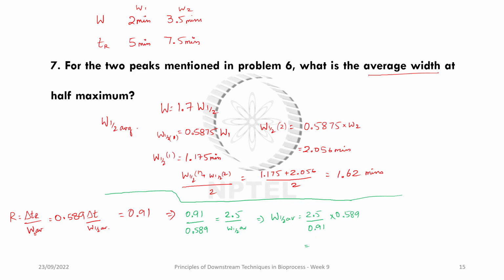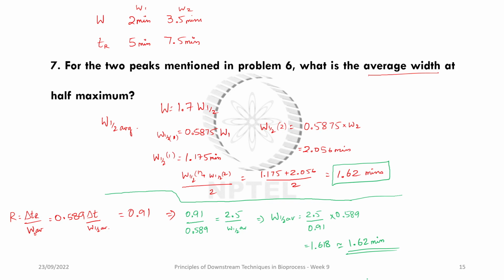I hope I didn't mix things. Yeah, 2.5 into 0.589 divided by 0.91. Okay, we're getting 1.618, which I'm going to approximate into 1.62 minutes, which is the same as this.